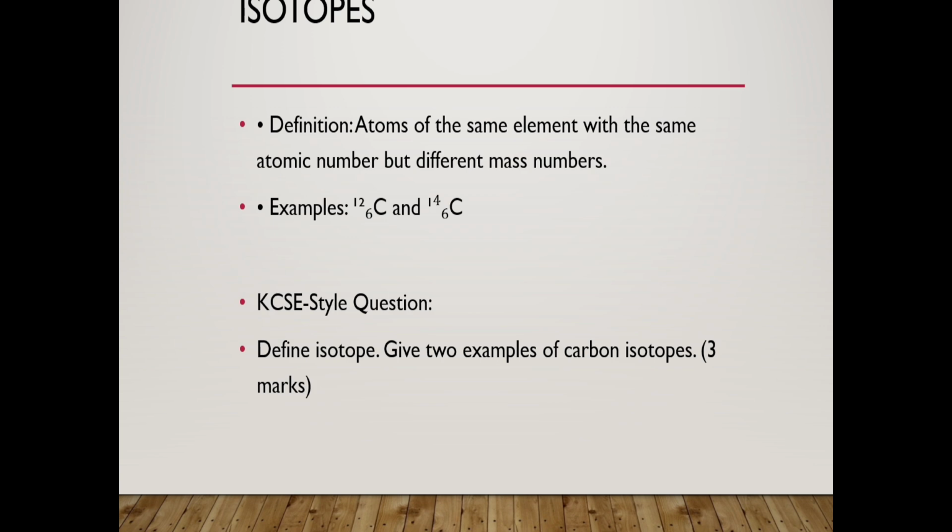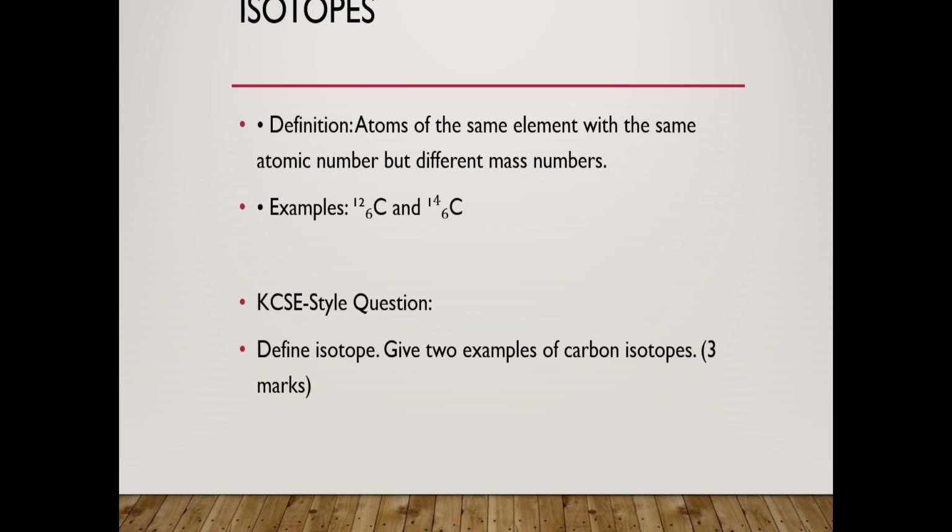If you take 12 minus 6, which is mass number minus atomic number, you get 6, and that is the number of neutrons. In the second one, the mass number is 14 and the atomic number is 6. If you take 14 minus 6, you get 8, which is the number of neutrons. So it has 8 neutrons and the other one has 6 neutrons. That's another way of defining it.